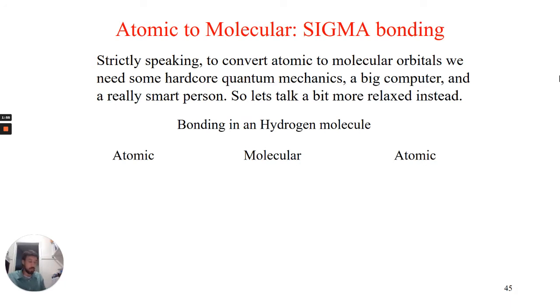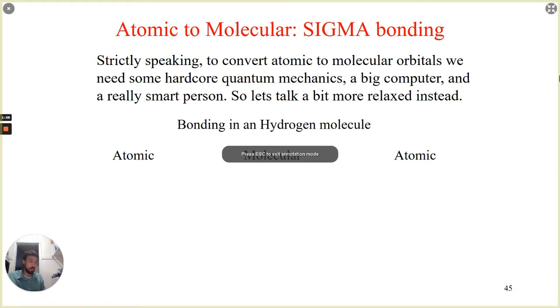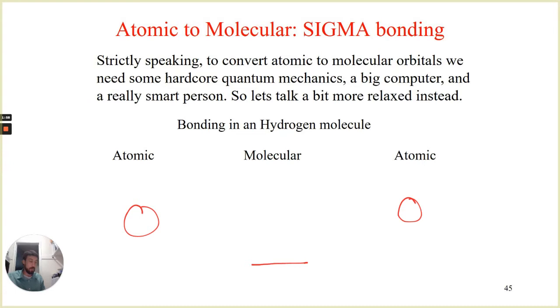So in our sigma system, if we were to look through that again really quickly with our s orbitals, our atomic systems come in with just these p orbitals or the s orbitals. And those can interact in a way that generates a molecular bonding orbital or a molecular anti-bonding orbital. And it's not a non-bonding orbital.